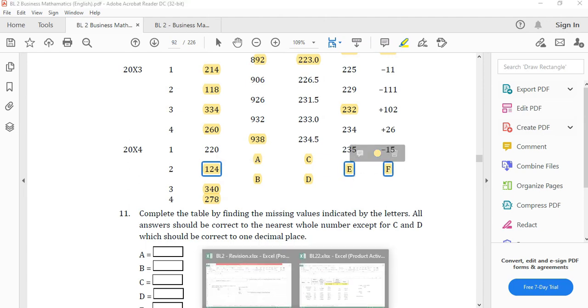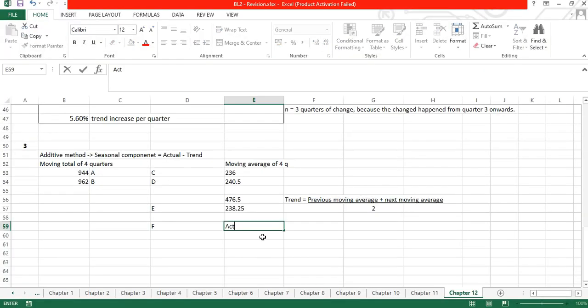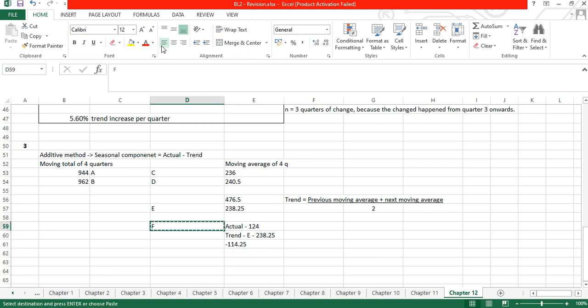E. So the actual is 124. The trend is E, which is equal to 238.25. Therefore, F will be equal to actual minus the trend, which is equal to minus 114.25. So this is F.